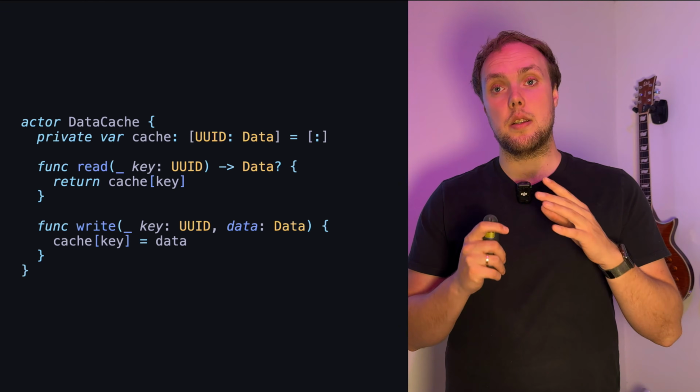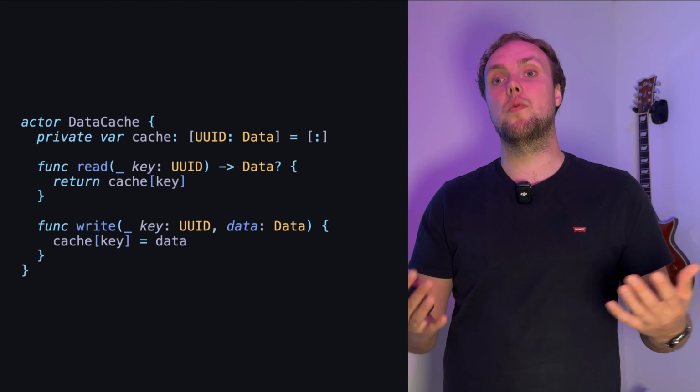Let's imagine that our cache can leverage a remote external storage, like a web server, and it can use that to back up data and to get it back at a later time. It could be very useful if you're having multiple devices, for example. You're going to pass the backend a UUID, and the backend will just tell you, I have data for that UUID, yes or no. Very, very simple.